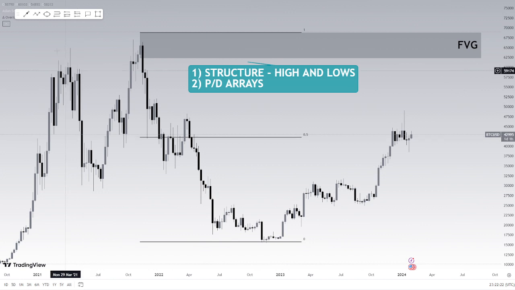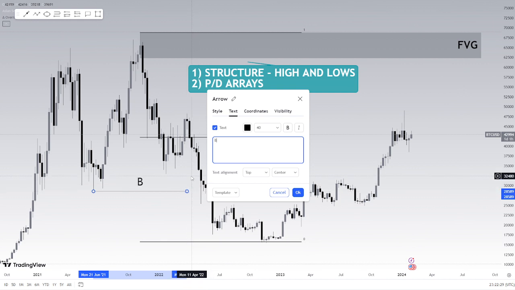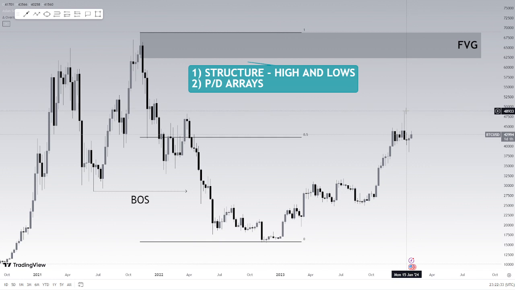And we have seen that even though price has broken structure over here, if I label that with a break of structure, or simply a BOS, we haven't seen a clear and decisive premium high. So we haven't seen price get up to this premium region over here. And that is another reason why we're expecting higher prices, because we haven't seen price give us that premium, right?